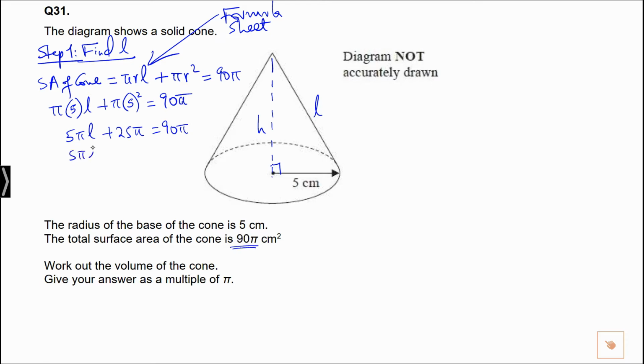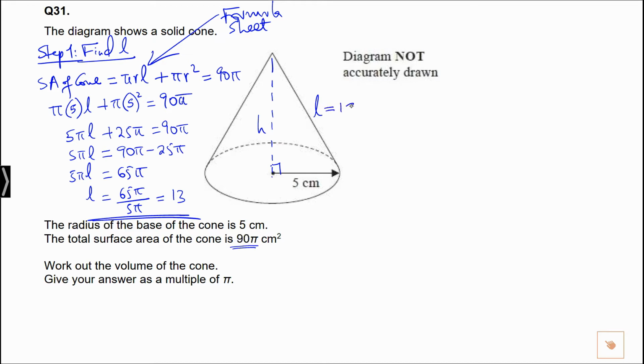So 5 pi L will be equal to 90 pi minus 25 pi, which is 65 pi. So the slant height will be 65 pi over 5 pi, which is 13.